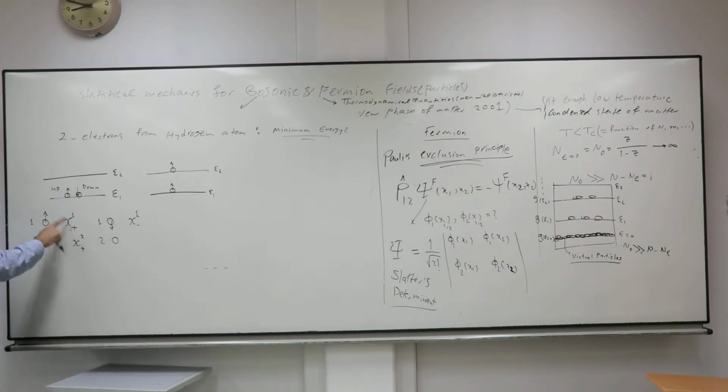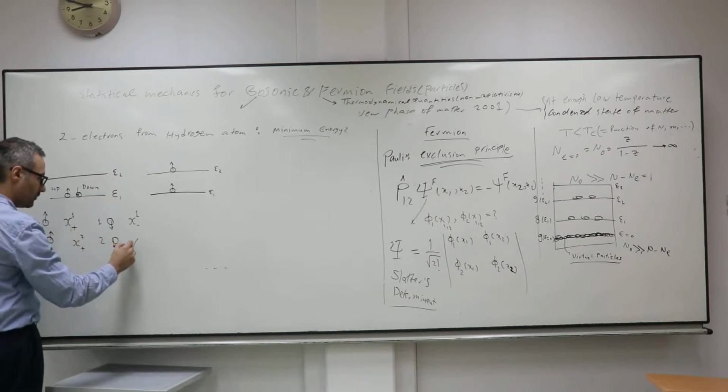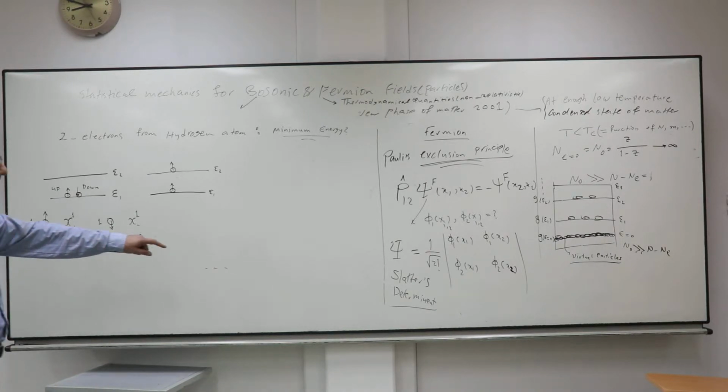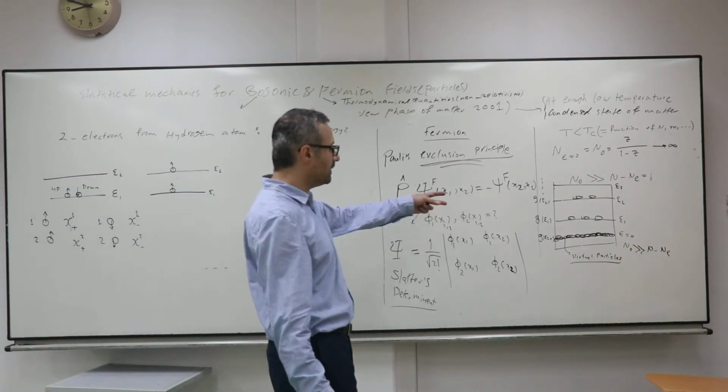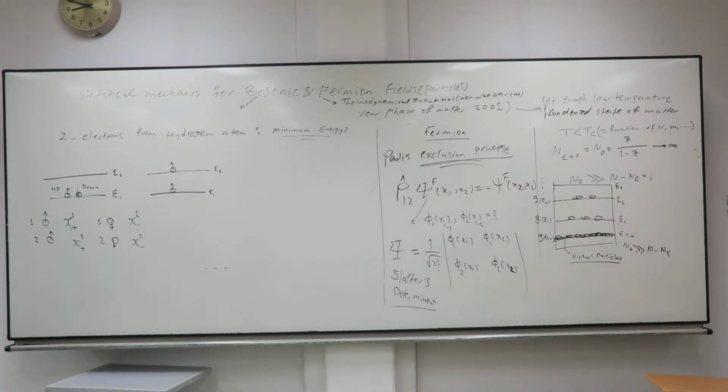So I can write Xi plus for up, Xi minus for down. Xi is like phi, just a wave function. For electrons, talking about the location is useless, so this Xi refers mainly to the spin of the electron. So this is the situation which I have.